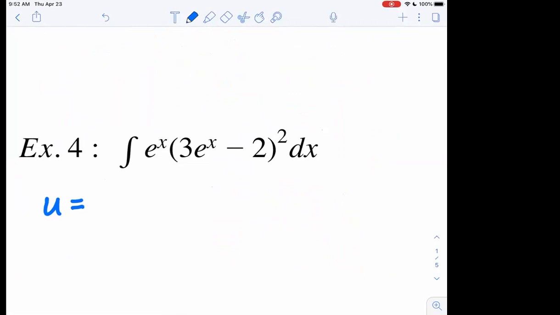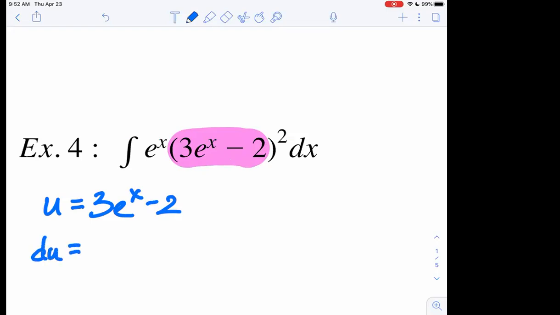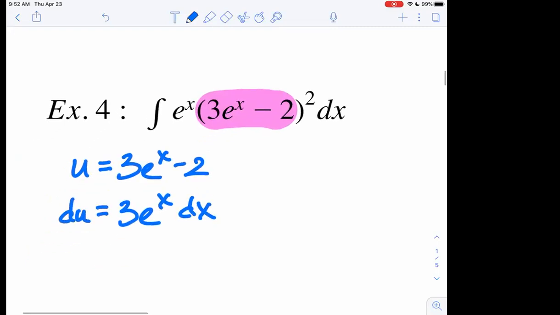Yes, it would be. And I know that's a little bit bigger of a u than we've been seeing, but that's okay. So 3e to the x minus 2. All right. Now, if we have that as our u, that makes our du equal to 3e to the x dx. What happened to that minus 2?